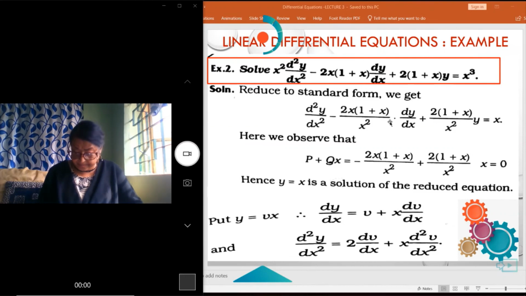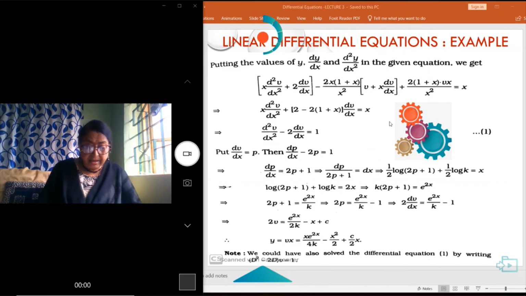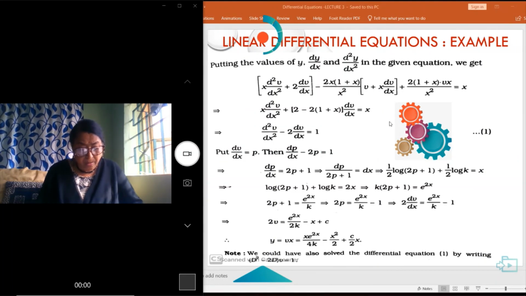Now, suppose y = vx, then find dy/dx and d2y/dx², and put them in the original equation, and then we get d2v/dx² - 2 dv/dx = 1.